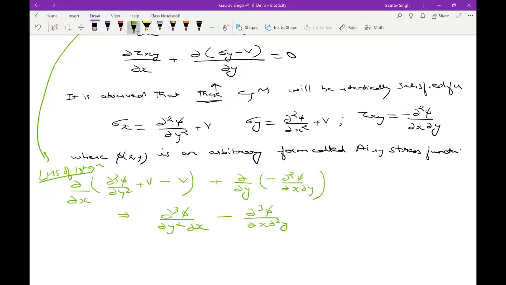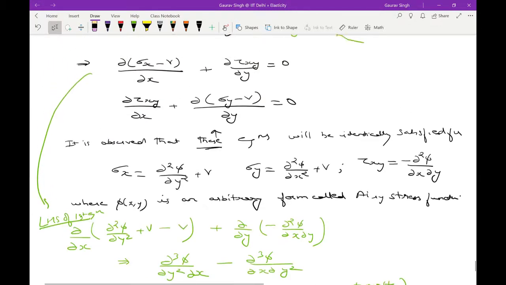And this is equal to 0 because order of differentiation does not matter. Whether you differentiate first with respect to y² and then x, or first with respect to x and then y², it should not matter, and this is equal to the RHS, and hence this equation is identically satisfied.